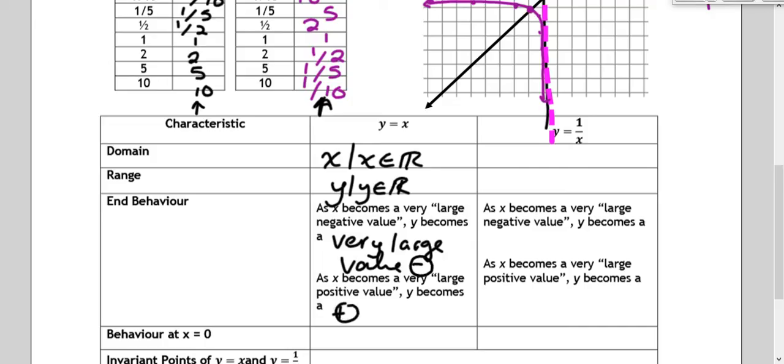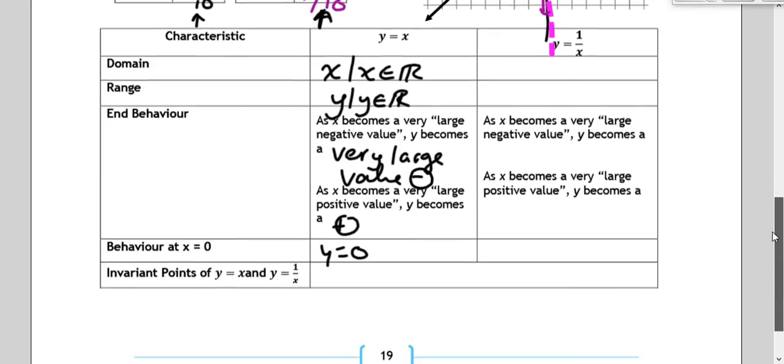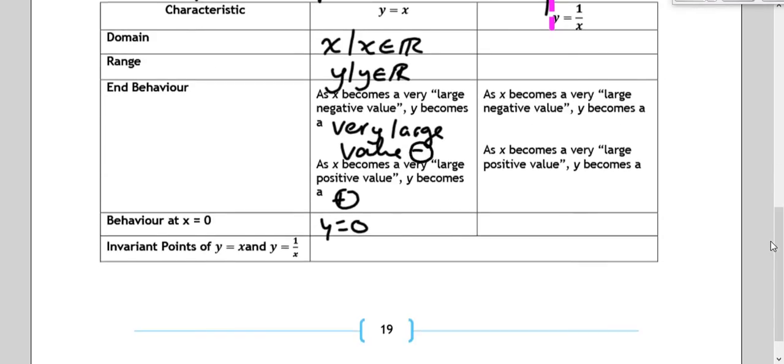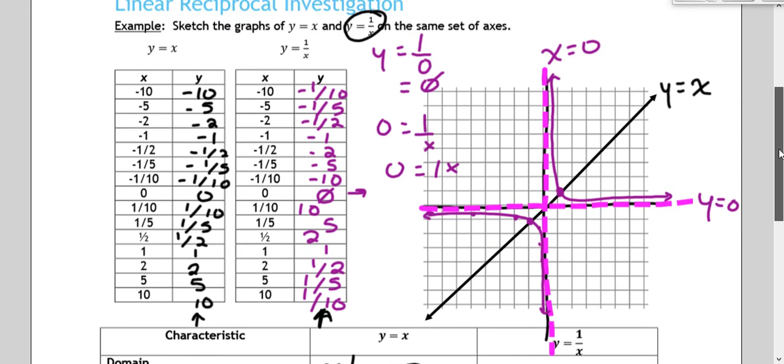So same thing. Behavior at x is equal to 0, y is equal to 0, and our invariant points, the ones that stayed the same, we know it is at -1, -1, and 1, 1.